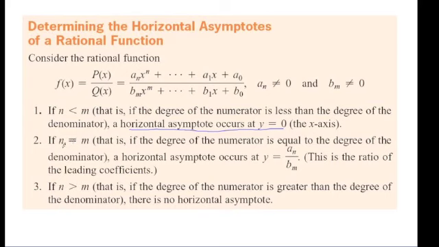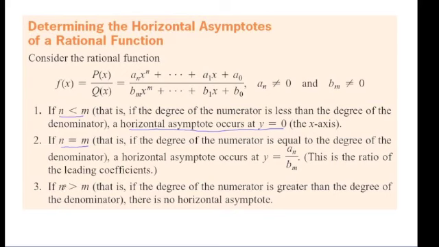If the degrees of the numerator and denominator polynomials are both equal, then we have a horizontal asymptote at y equals the leading coefficient of the numerator over the leading coefficient of the denominator. It becomes y equals that fraction if it stays a fraction.